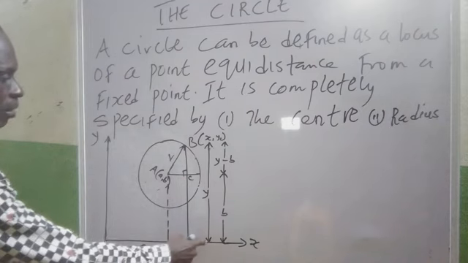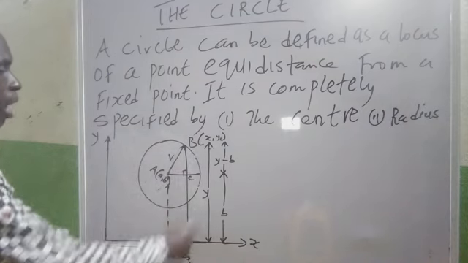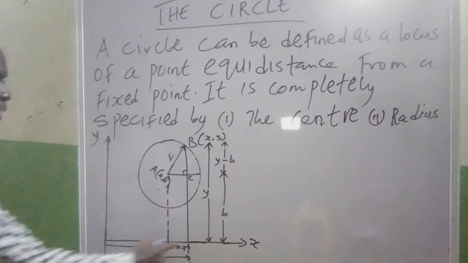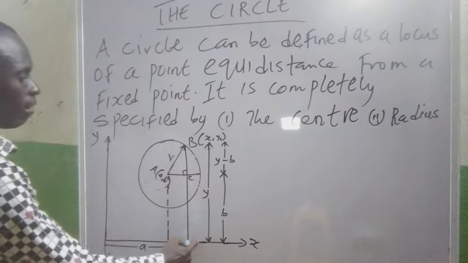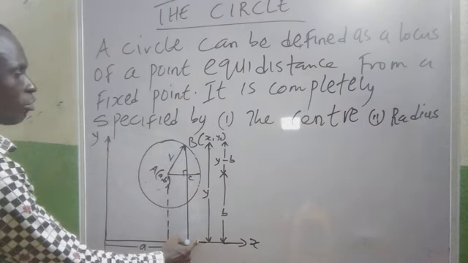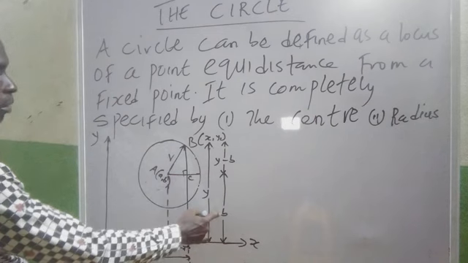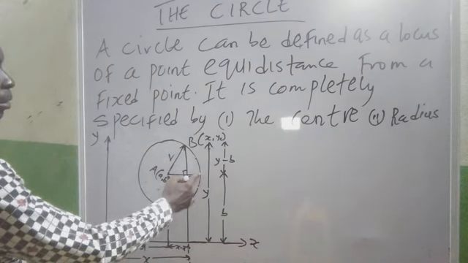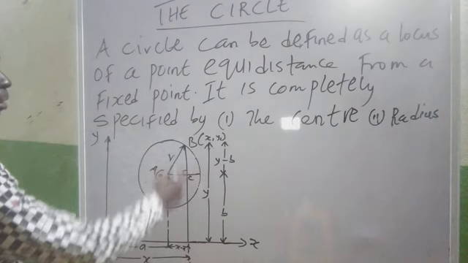Now, the vertical distance is y, while the horizontal distance is x. The distance between the horizontal level and the center is b.